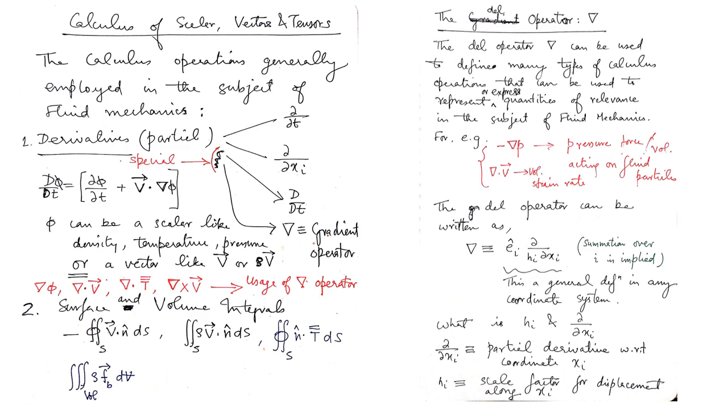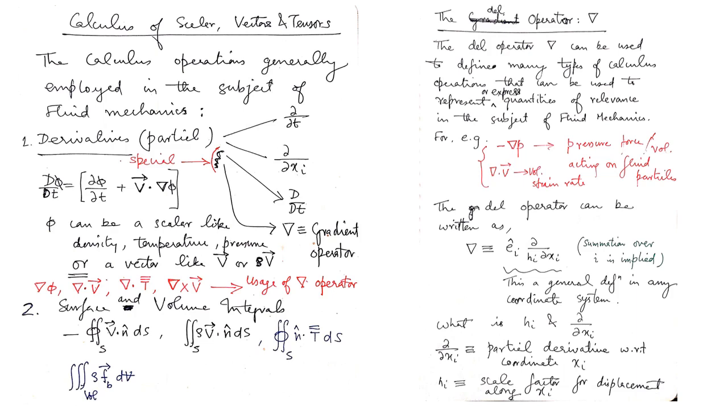Now the natural question arises: what is hi and what is del xi? So first let me tell you what is del xi, as you have probably guessed by now. Del xi simply means partial derivative with respect to coordinate direction xi. Any coordinate system will have three coordinates for a general discussion on 3D flow domains.